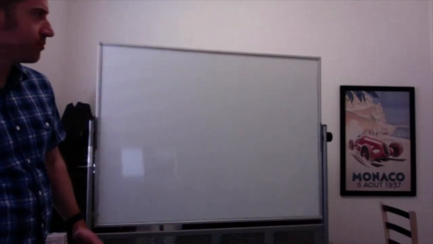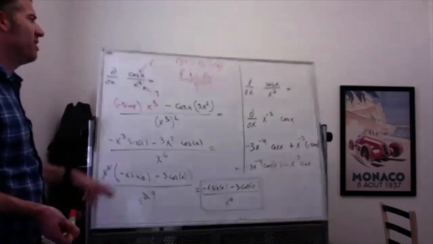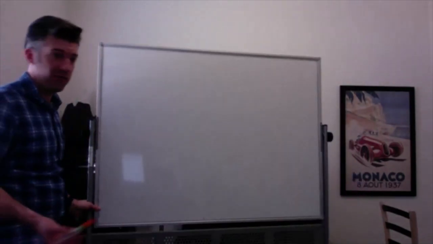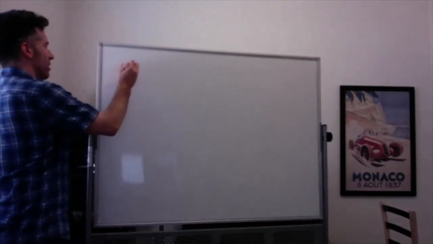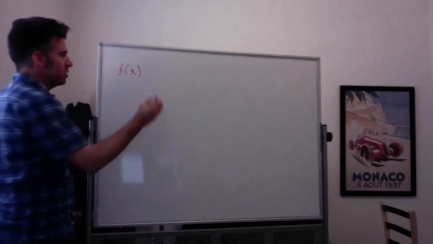Okay, let's do some more quotient rule, because while these examples are fine, they're not really getting at the heart of the quotient rule, which is that sometimes you just have some complicated stuff. Like sometimes you might have a function that's like, I don't know, I guess I'm going to call it f because that's pretty usual.